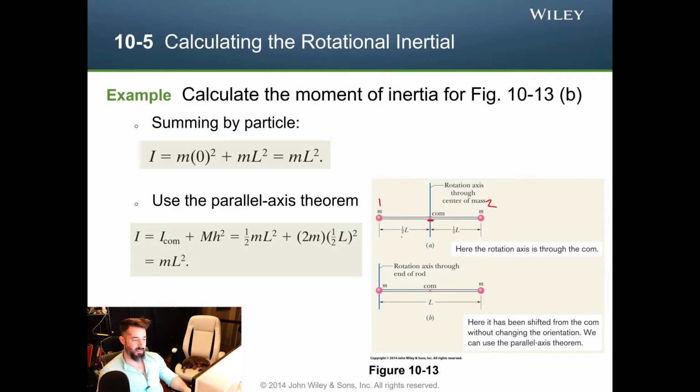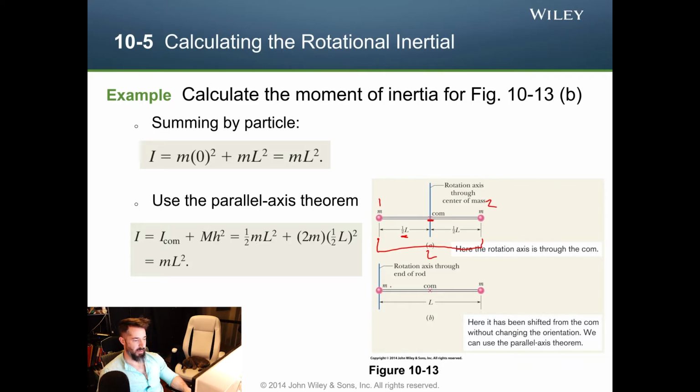They are the exact same distance apart, which happens to be 1/2 of L, which means this total length here is L, which is listed down here at the bottom also. The rotation axis is through the center, so that makes it easy. We can just say 1/2 ml squared and 1/2 ml squared, and we just get ml squared.